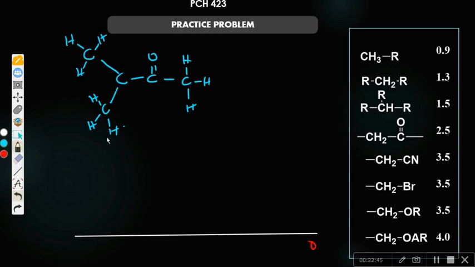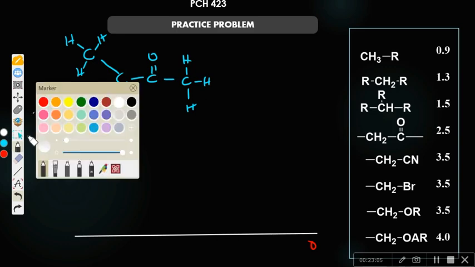Now with reasoning, based on what we have learned, of course, this point here is 0 for TMS. Now, these 2 are in the same chemical environment. Do you know why? They are attached to the same carbon. Are you getting it? And what is adjacent to them is the same. So these 2 groups here are in the same chemical environment.